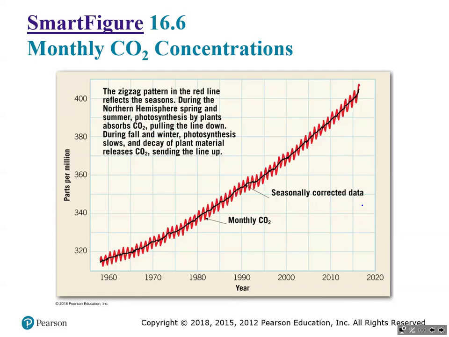In the spring and summer, it dips down because the northern hemisphere has lots of plants that consume CO2, and in the winter and fall, it pops back up because it slows, and decay of plant material releases CO2. That's just a cyclic pattern that happens every year. But you can see in general, the trend is the amount of CO2 is going up.